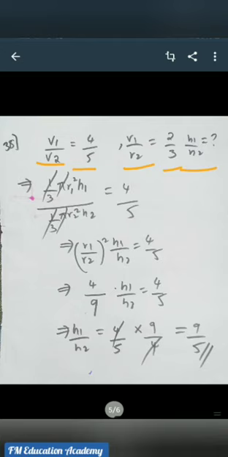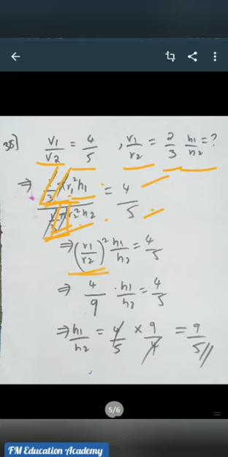We know there are two cones and we know volume of cone is given by 1 by 3 pi r square h. So for first cone it will be 1 by 3 pi r1 square h1, for second cone 1 by 3 pi r2 square h2. V1 by V2 is equals to 4 by 5. 1 by 3 will get cancelled, pi will get cancelled. We are left with r1 square h1 by r2 square h2, that is equals to 4 by 5.